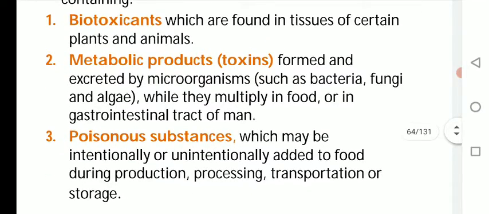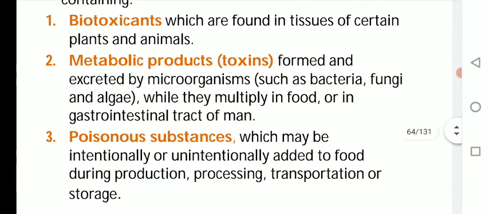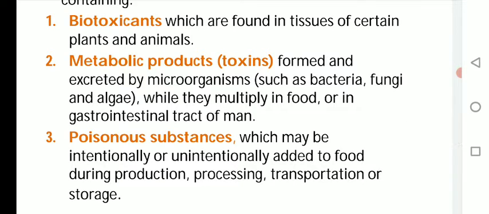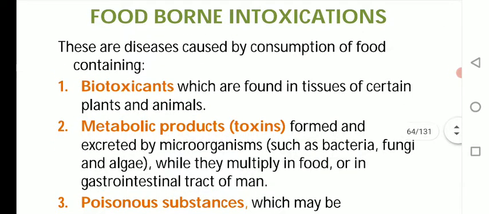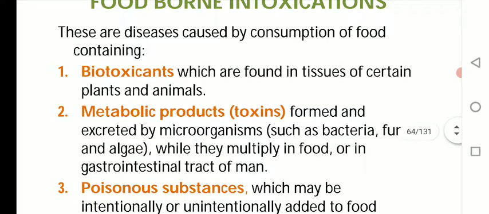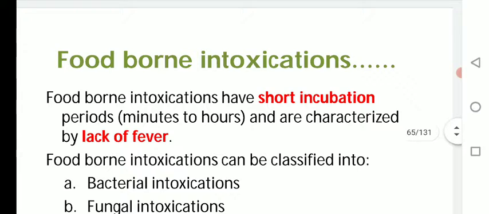Then poisonous substances which may be intentionally or unintentionally added to food during production, processing, transportation or storage. So, overall these are the main sources of foodborne intoxication: biotoxicants, metabolic products, toxins and poisonous substances.